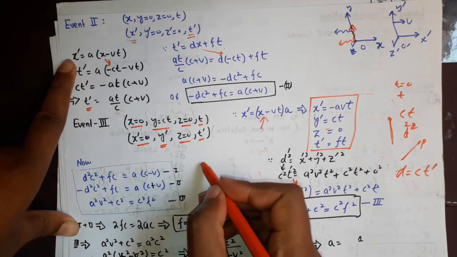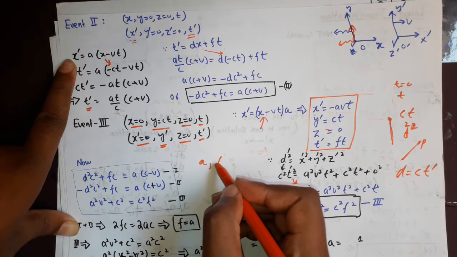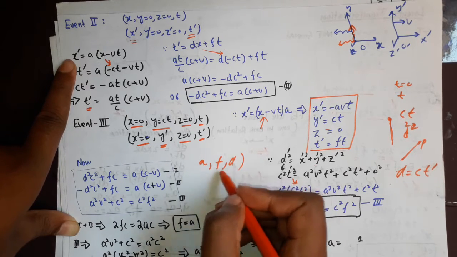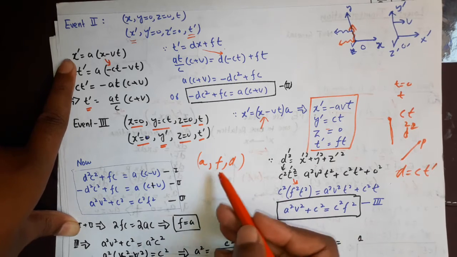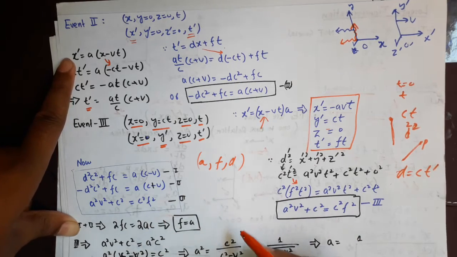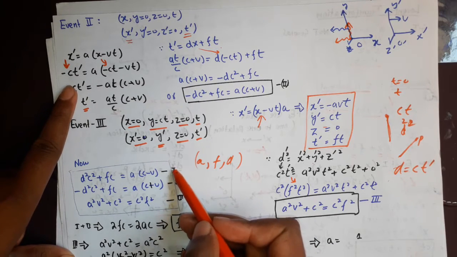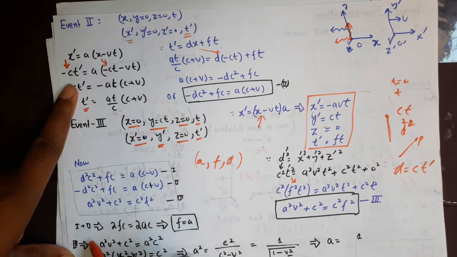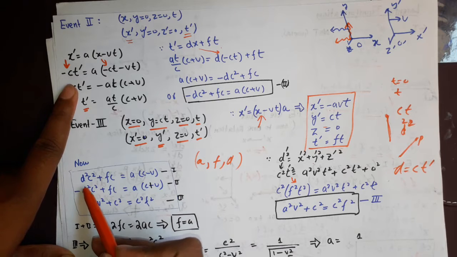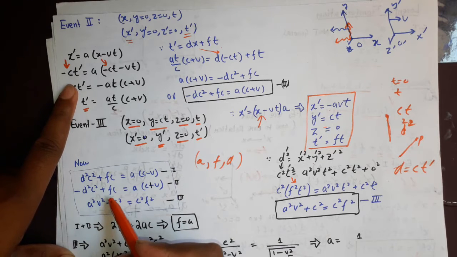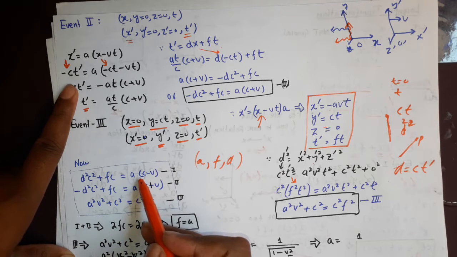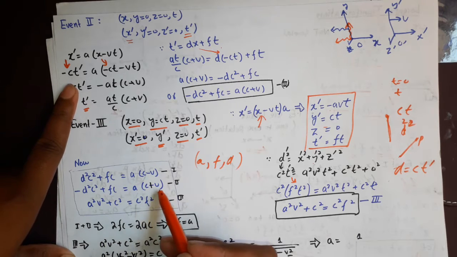Here I have three constants a, f and d. I need to find the values of these three constants, and I have three equations, so I can do this. If I add the first equation and the second equation, you see here, this quantity will cancel out. Here we will have 2fc, and also ac minus av plus ac plus av.